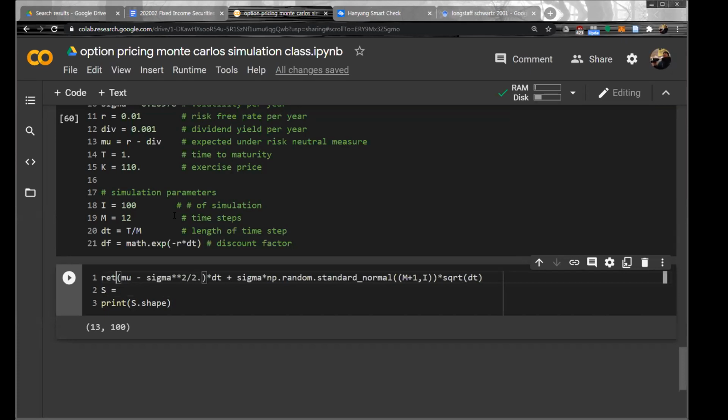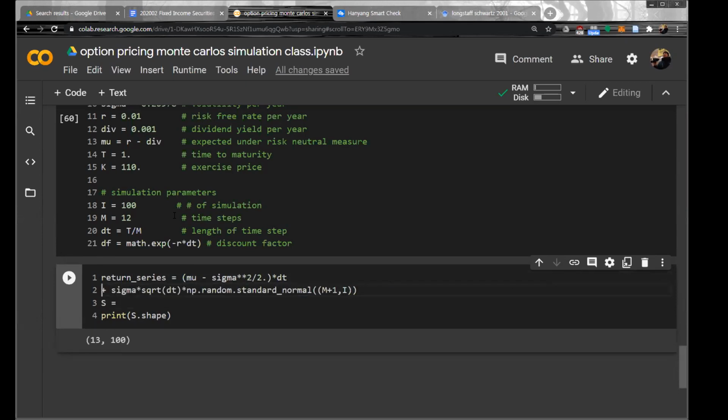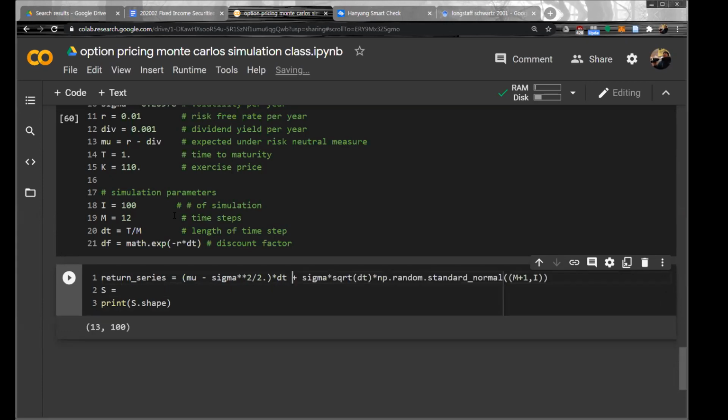Okay, this is the return series: the drift term plus sigma times the square root of dt times the random numbers. Let me change the line.